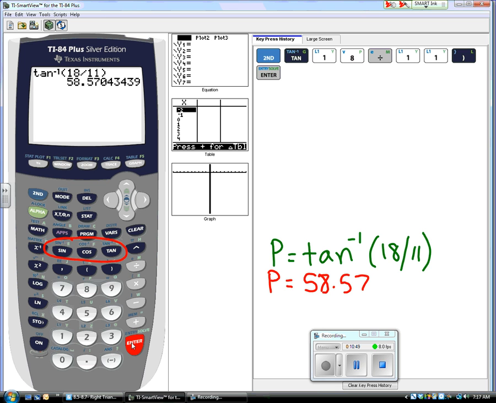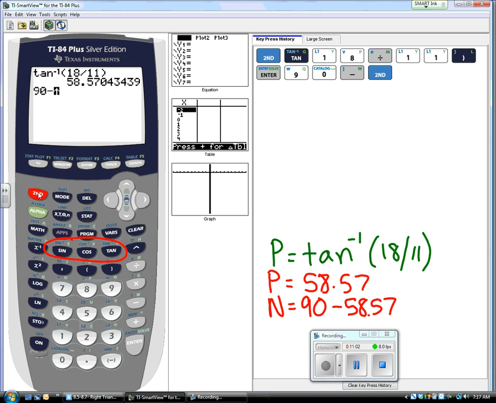The other angle N, since those angles are complementary, just do 90 minus that answer to get angle N. So 90 minus that answer, 31.43.